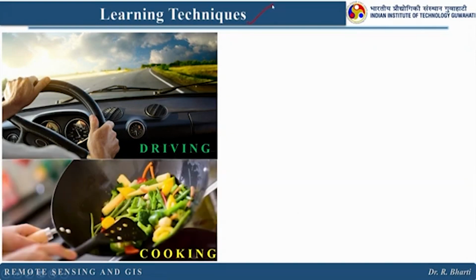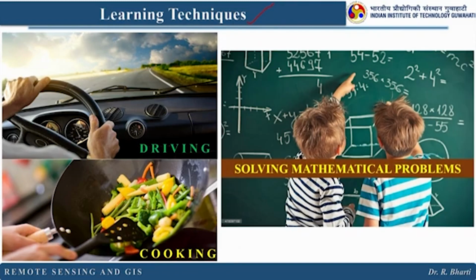The next one is cooking. The more you cook, the more you will learn, right. So exactly the same logic we will apply in image classification also. There is one more example, like solving mathematical problems. It is not like if I tell you to solve this one problem, then you will learn immediately. If you practice, you can solve it much faster, right? So this is how we are learning ourselves in our day-to-day life.